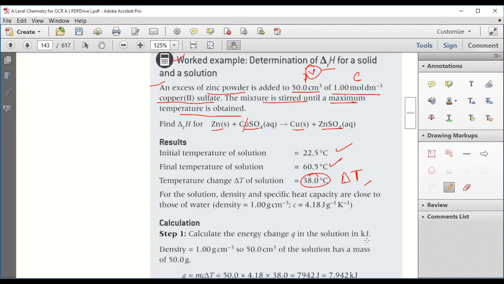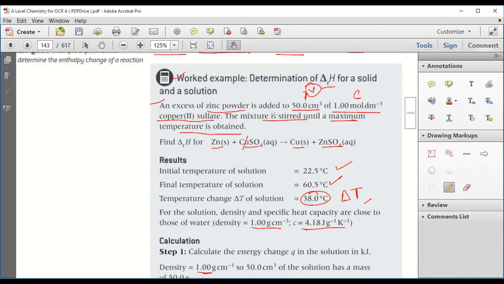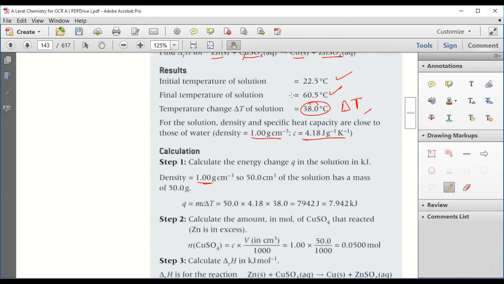Now again, the density of water is 1 g per cm³, and the specific heat is 4.18 joule per gram per Kelvin. Now we are going to calculate Q equals mc delta T. The density is 1, and the amount of water is 50 cm³, which is the volume.